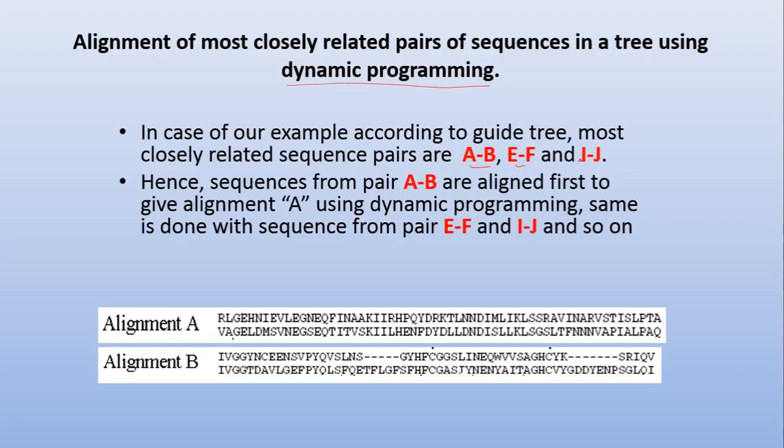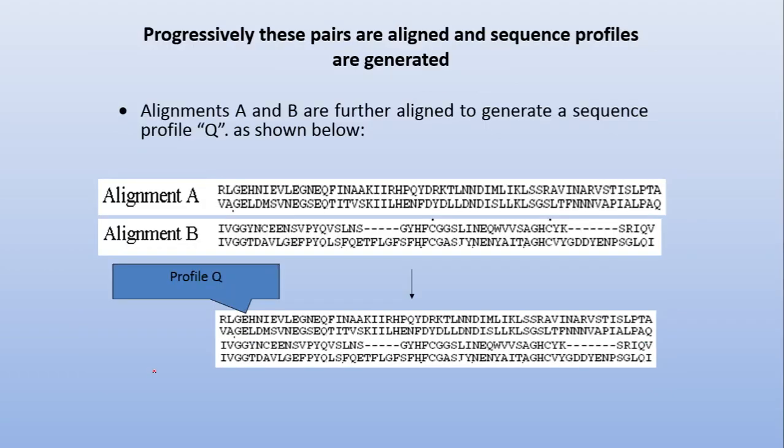Say, for example, let us call the alignment of sequences A and B alignment A. It is entirely possible that you might end up aligning C and D, or some different alignment. We would call the alignment of C and D alignment B. Now you can align these two alignments, alignment A and alignment B, to generate something called a profile.